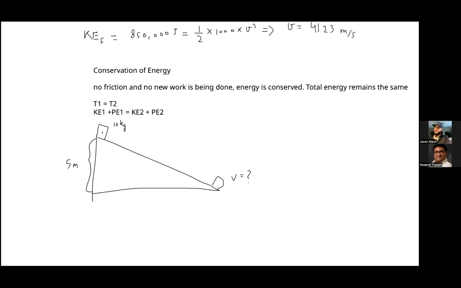So when you do these kinds of problems of conservation of energy, the things happening at the endpoints are what matter, not anything in the middle. So you have to choose the starting point and the end point, and you call them 1 and 2. All right.